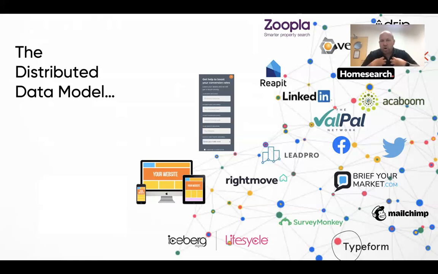So if Mark Burgess has been sent a market appraisal through your market appraisal software, he also has a profile inside your estate agency software. And when I browse Rightmove, I have a profile with them. And when you send me my newsletter, I have a profile in that software as well.